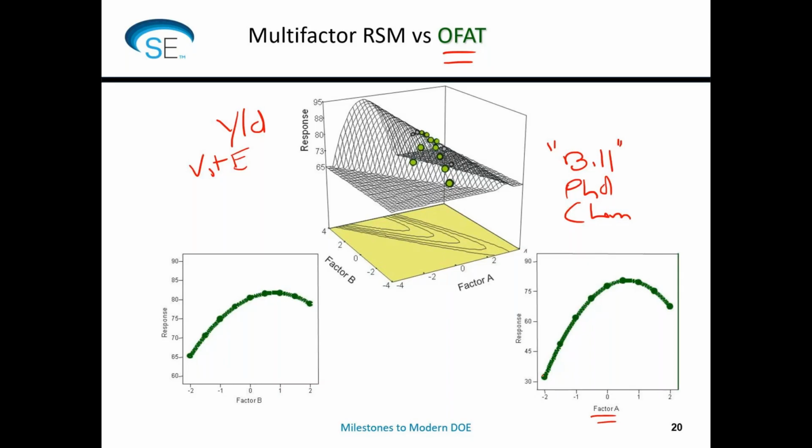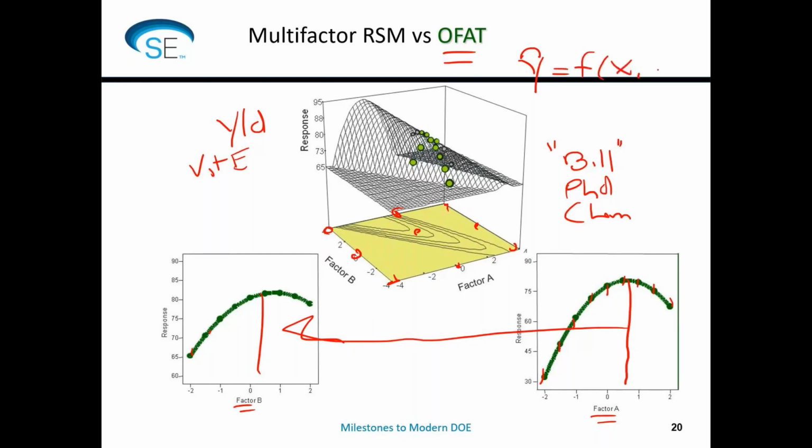But all he did was one factor at a time, and he ended up with a peak that he saw right here. And then he set that at that level, and then he went and checked factor B, which was the second thing. And so he felt sure that we could get our yield up to a certain level. Well, I did a full 3-level experiment. And with that experiment, you can fit a polynomial model that not only has the main effects and the interaction, which you can get from a 2-level factorial, but we can also estimate the squared terms.